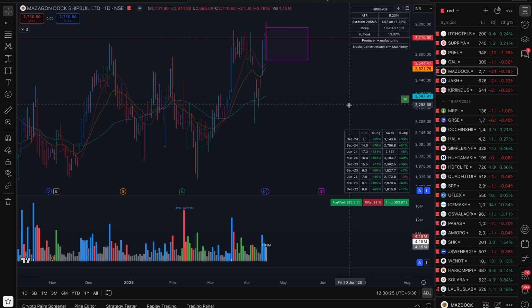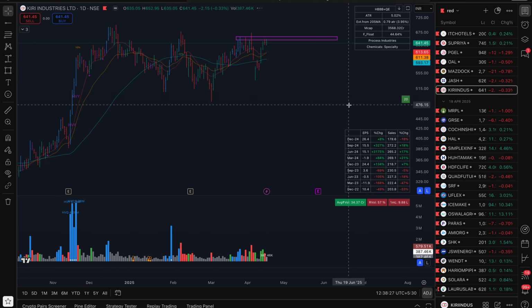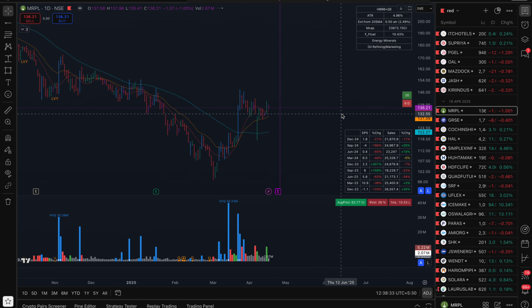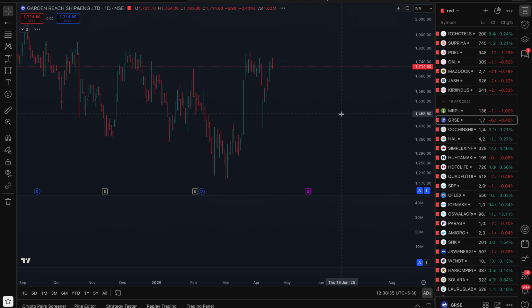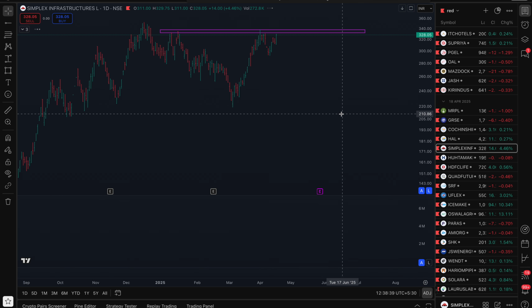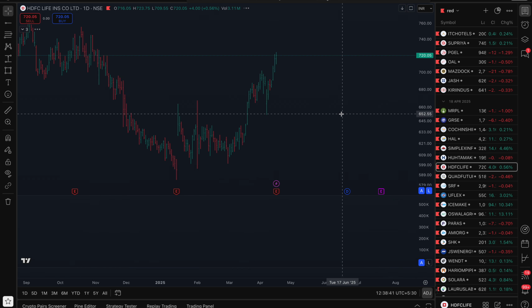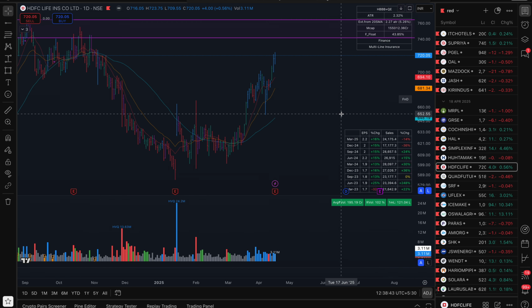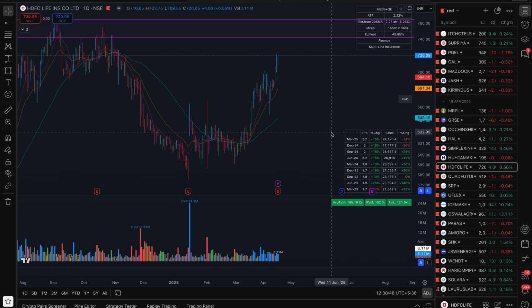Some of them are not set up yet, like Masdog. And then there is a second bit of actionable, like MRPL, GRSE, Cochin, maybe Hall as well, Simplex, the marquee. So all of these are, in my personal opinion, the second line.